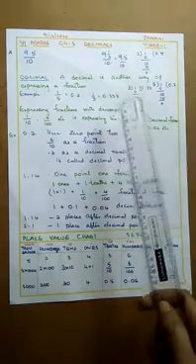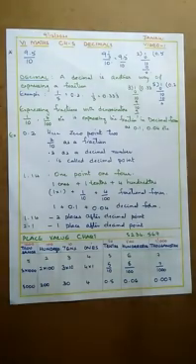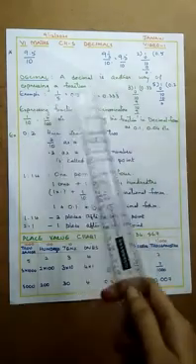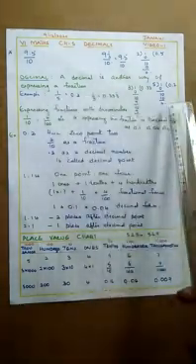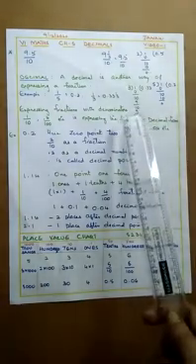So 1 by 3 is never ending. It keeps on going, 0.3, 3, 3, 3, 3. But when you take 1 by 5, you have no remainder at all. It is divisible completely, whereas here you keep getting a decimal.